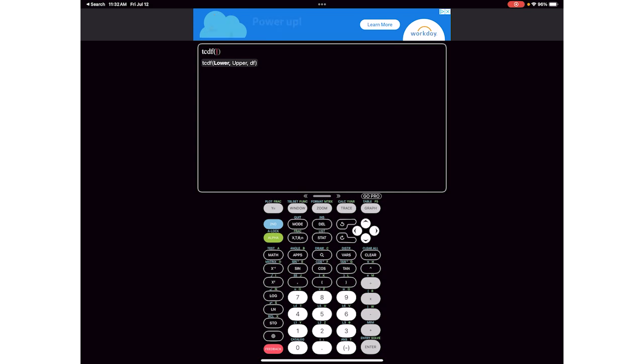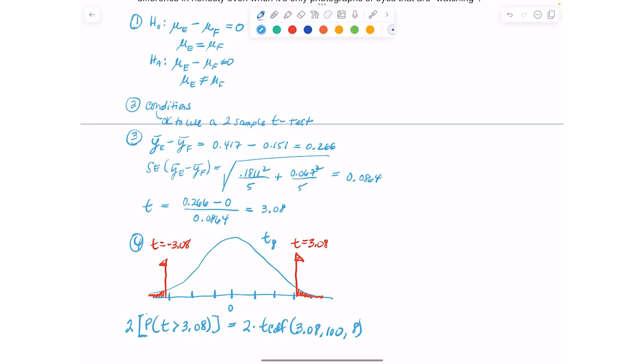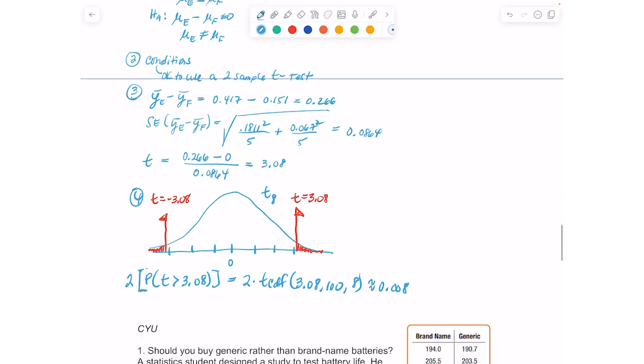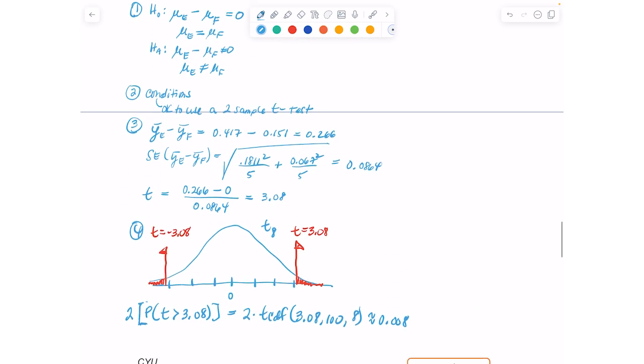Okay, my lower bound, like I said, is 3.08, comma, my upper is 100, and my degrees of freedom here is 8. And then hit enter, and we get 0.0076. So about 0.008. And that's my p-value.